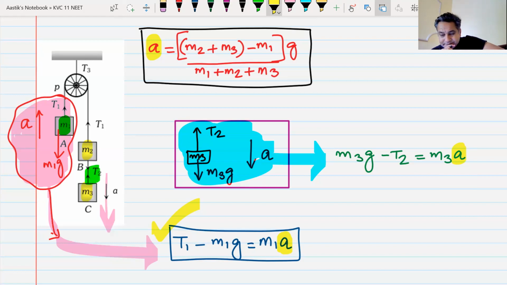Okay. So this is how you can find out everything.